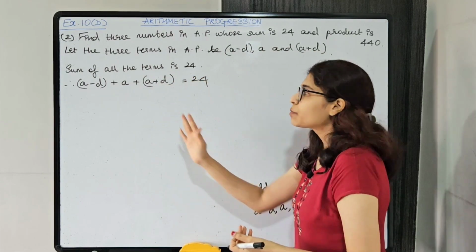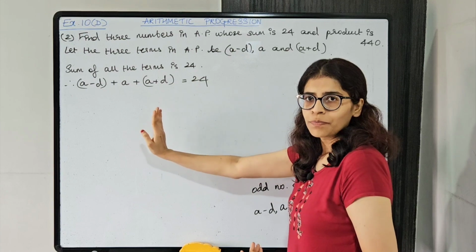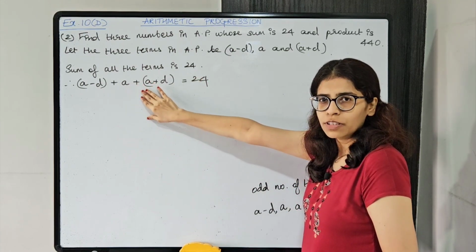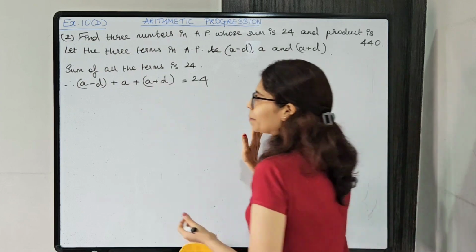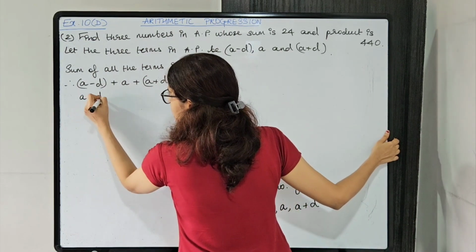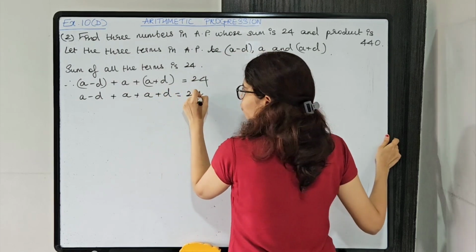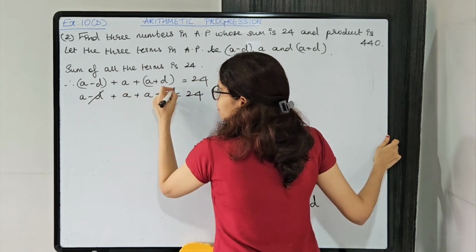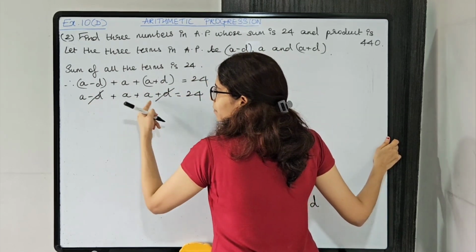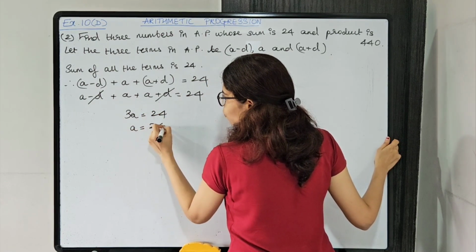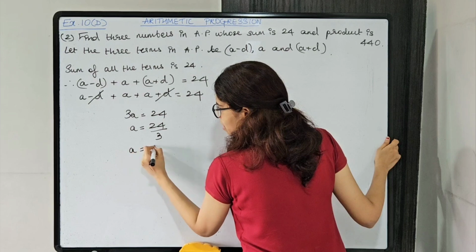I would suggest put the brackets, and then remove the brackets in next step, although it is not required over here, but still I would suggest. So (a minus d) plus (a plus d) is equal to 24. Minus d plus d cancel हो जाएगा. a plus a, 3a is 24. So a is 24 by 3, that is 8.